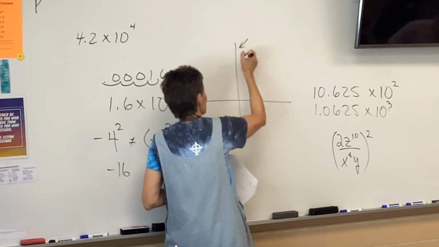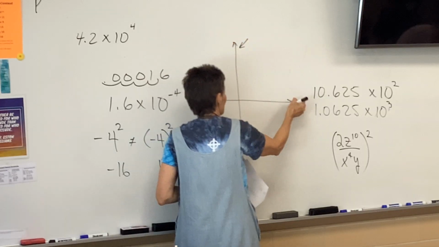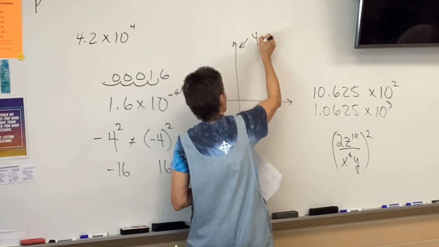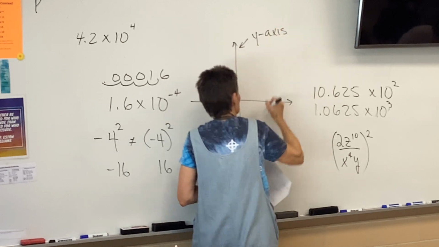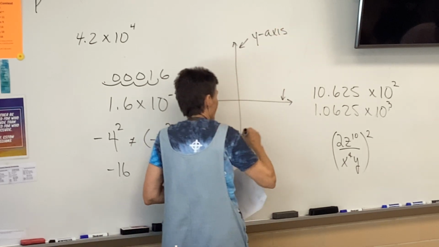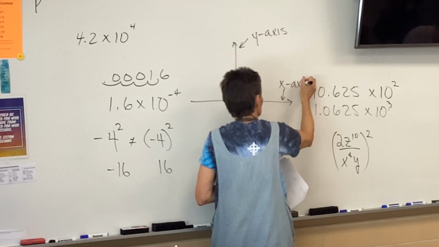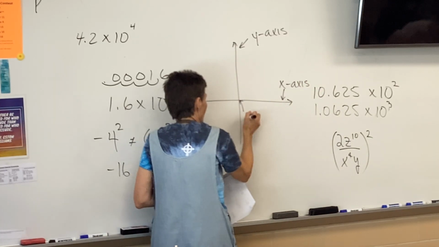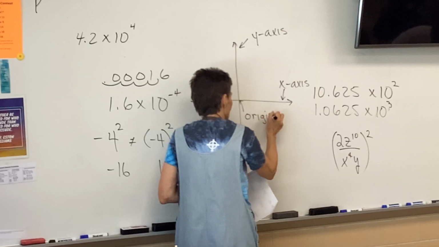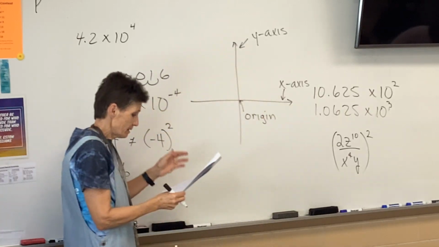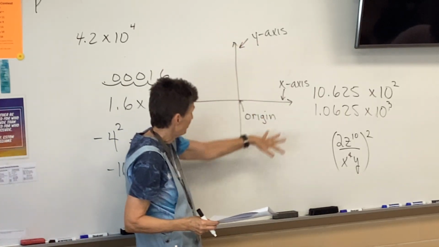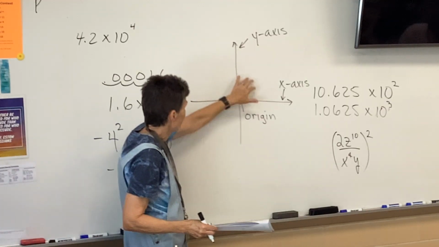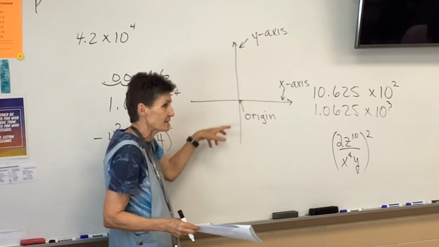What do we call this? What's this called? Y-axis. What's this called? The x-axis. What's this called? The origin. And then our Cartesian coordinate plane, that's what we call this thing, is split into 4 pieces by these axes.